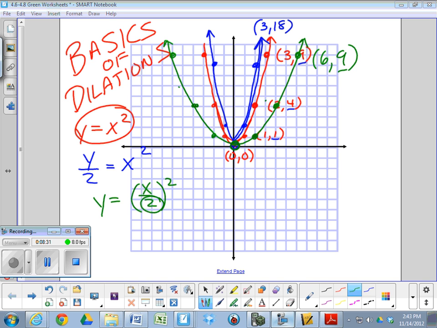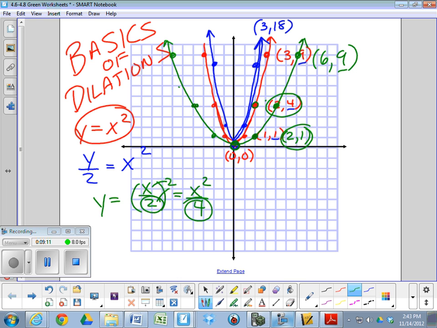Continuing with this green one, what would you get here if you squared the top and squared the bottom? 4. The green one, well, we said it doubles the x's. We could have graphed the green one by cutting the y's by 4. Look, this point is 2, 1. 2, 1 was 2, what on the red one?